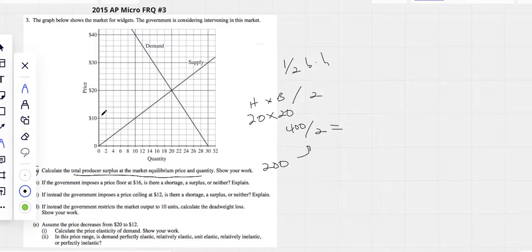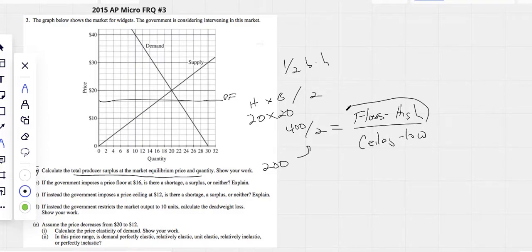Let's say we draw it in at 16, 12, 14, 16. But what do we know about price floors? The way we say it, our mantra is floors are high and ceilings are low, right? Floors are high, ceilings are low.